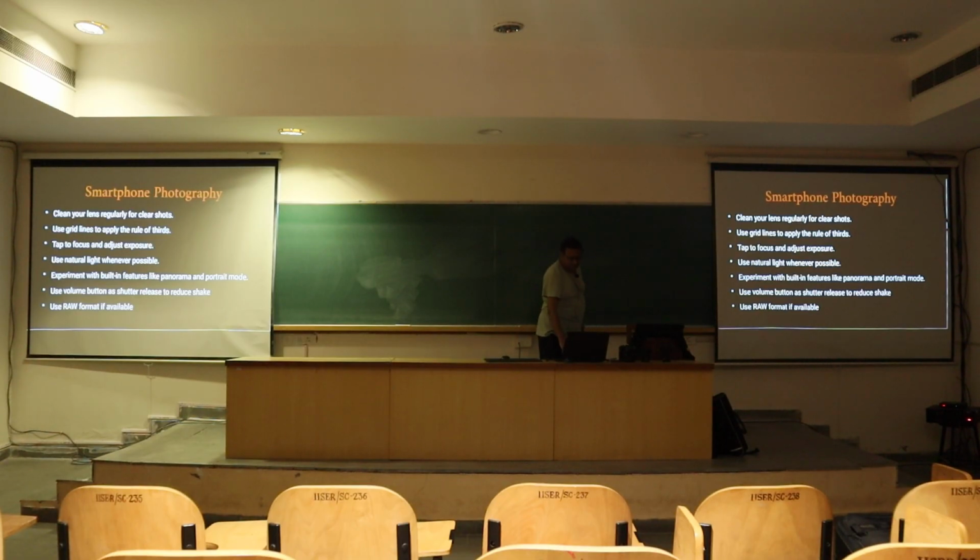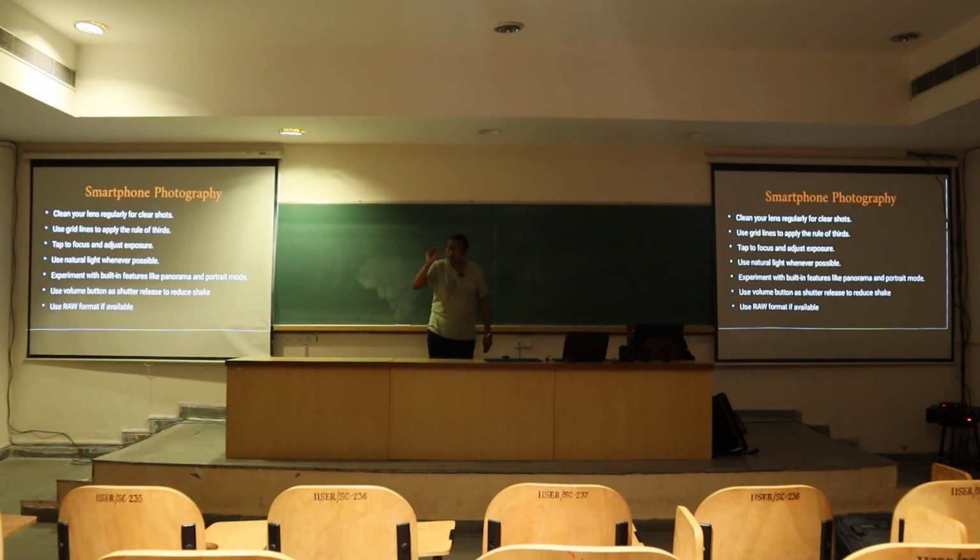The next point is very important. I tell it to everyone. Do not use the shutter button or the shutter sign on the screen. Use the volume button instead. Why? Because when you're holding your smartphone like this and you try to press it, the chances are, first, your composition will change, because you're changing the way you're holding the phone, right?